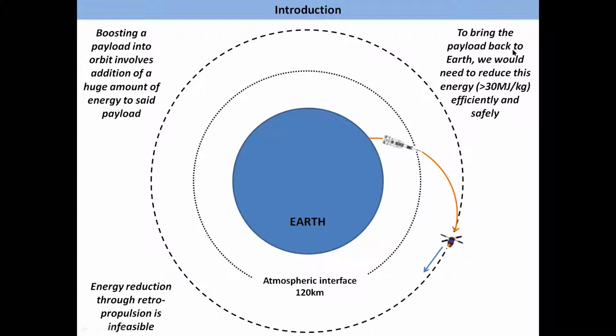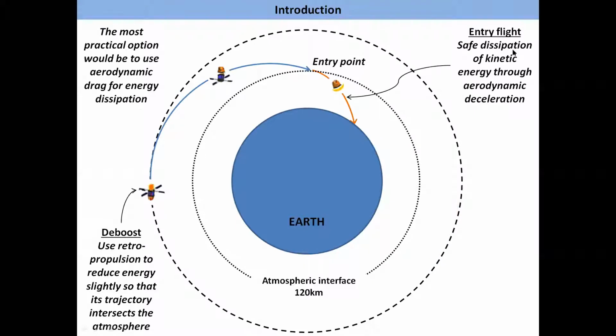Reducing this energy through propulsion again is infeasible because you would need another rocket of the same size, a launch vehicle of hundreds of tons, to do that. So, the most practical option would be to use aerodynamic drag for the energy dissipation.